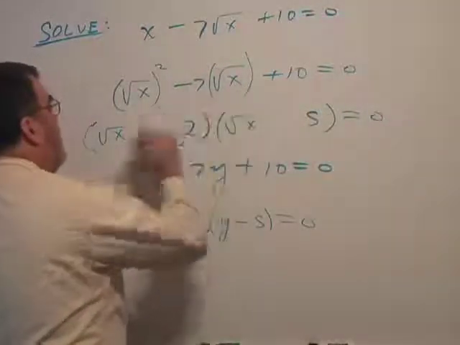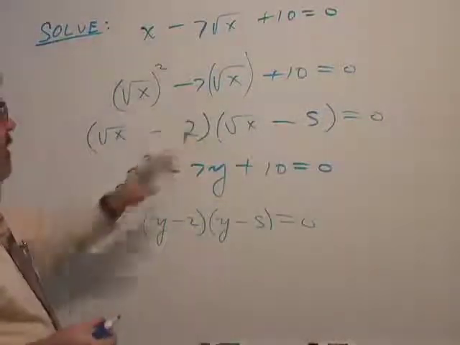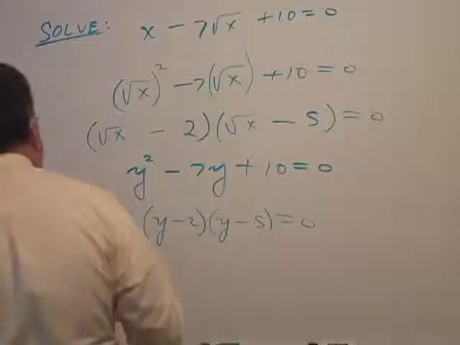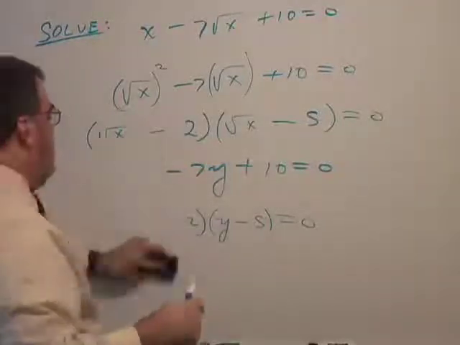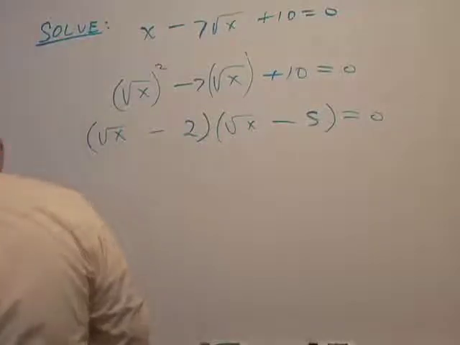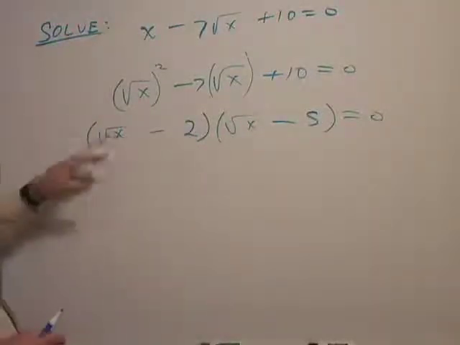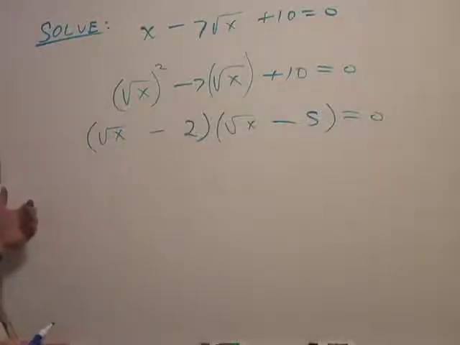And to make that positive and this negative, these have to be negative. So there it is, factored. We took this problem and literally factored it by using square root of x as the base term here.